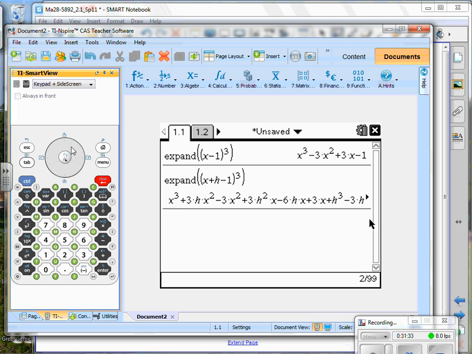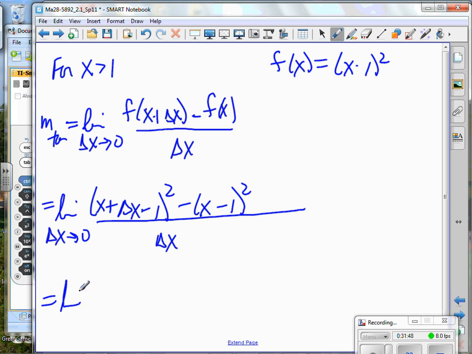So go up, copy that command we want, bring it down. The only thing I'm going to change is that exponent. Okay, that's all I have to think about. I come over here, I'm going to have the limit as delta x approaches 0. And let's see, you guys can work on your page there. I've got this up here. If I make a mistake, we'll find it.